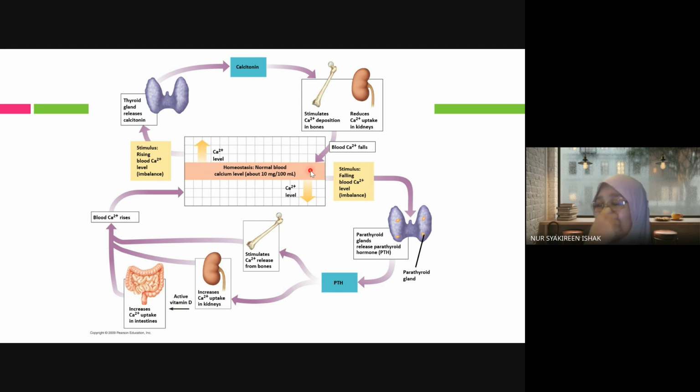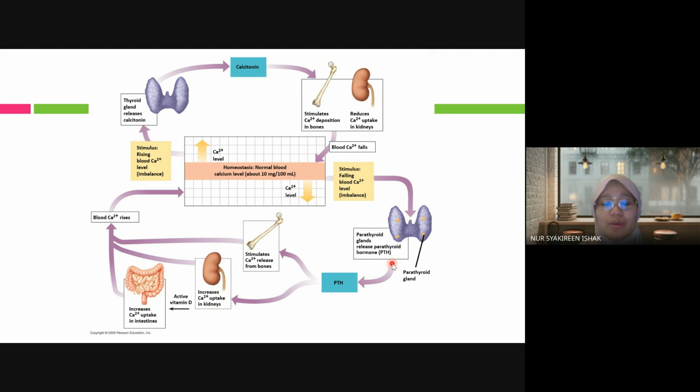Bila soalan dia tanya contoh how calcium level is regulated when it increases, so kena cerita pasal calcitonin. Kalau tanya how calcium level is regulated when calcium level falls below set point, you have to answer by the function of PTH. Okay. So tengoklah soalan tu dia tanya macam mana kan. So you cannot simply cakap okay.